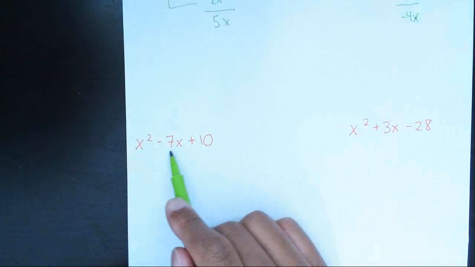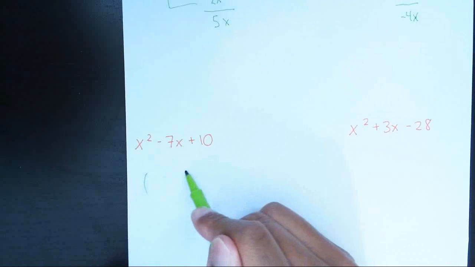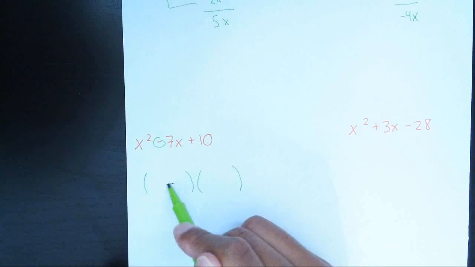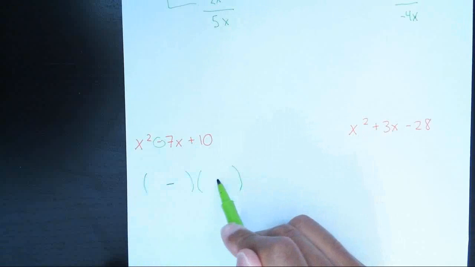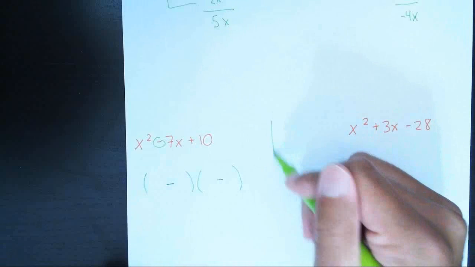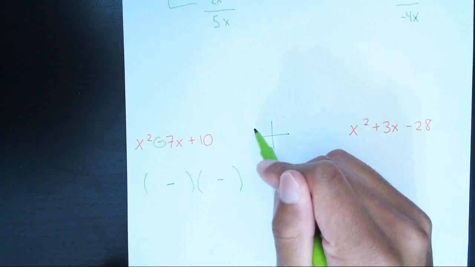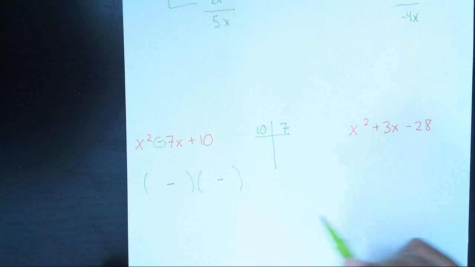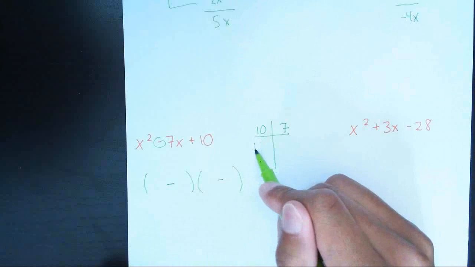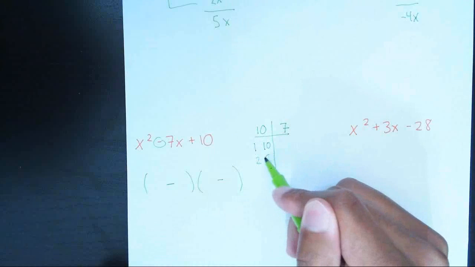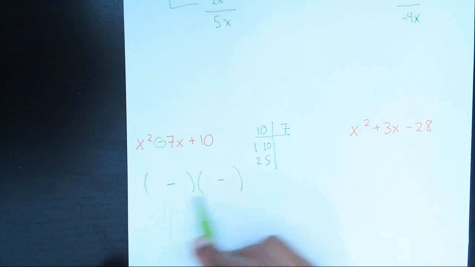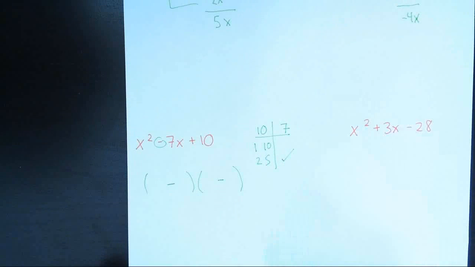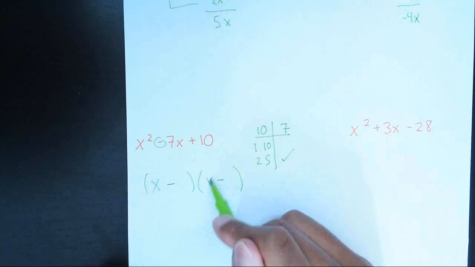1, 2, 3, 3 terms, I automatically know it's going to be two parentheses. Drop the first sign, negative. Negative times a positive, negative. Set up your t-chart, put c here, b here. Remember, without the signs, because we already have the signs. Find out your factors of 10, 1 and 10, 2 and 5. Because the signs are the same, you have to add up to give me 7. Which ones add up to 7? 2 and 5, perfect. Put an x, x, what number goes here?